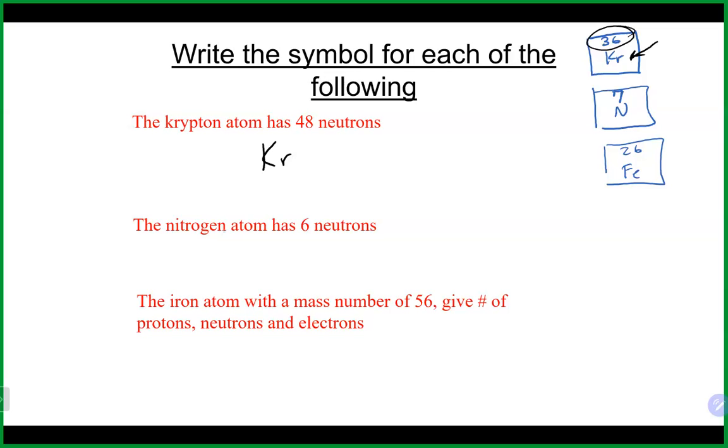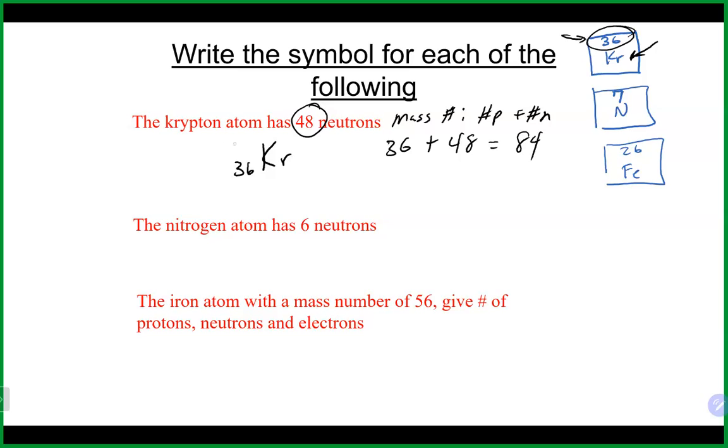And that should go bottom left of our symbol, right? The top number is the mass number, which we do not have at this point. We actually have to calculate what the mass number is. And again, the mass number is going to be our number of protons plus the number of neutrons. From the periodic table, our atomic number tells us it is 36 protons. And in the problem, it tells us it is 48 neutrons.